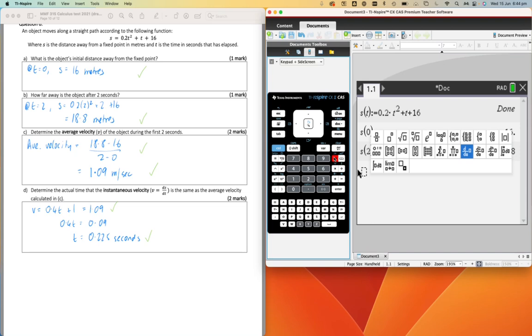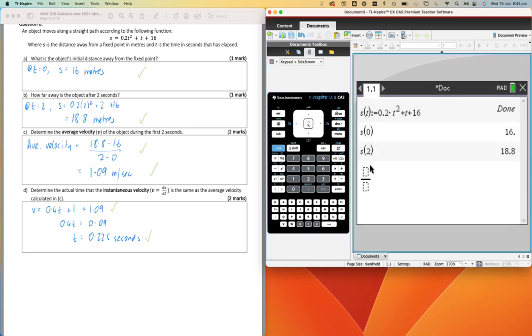I can set up a fraction, and then go S of 2 minus S of 0, and on the bottom 2 minus 0. Press return, I've got 1.4. I've got 1.09 here, so either I've stuffed up here or here, I'm not too sure, but that's basically it.